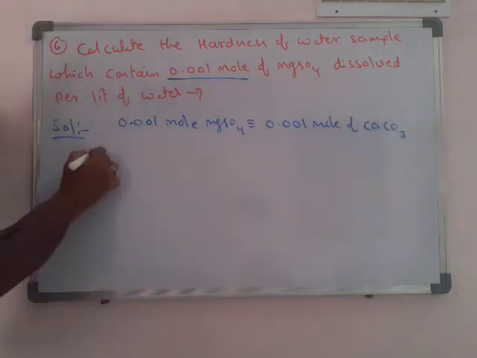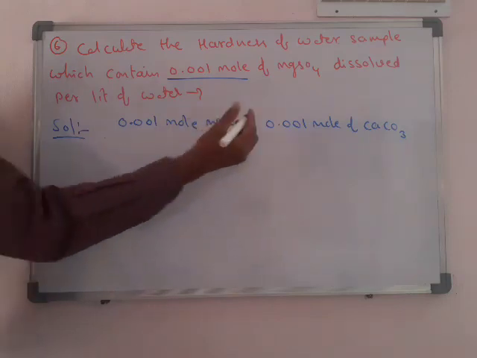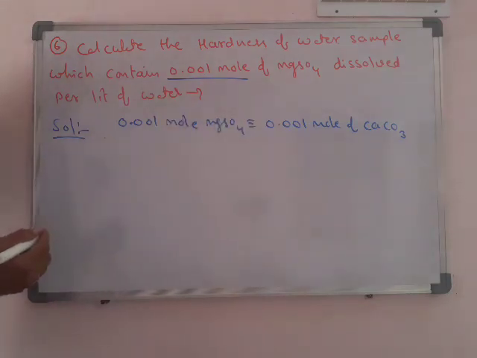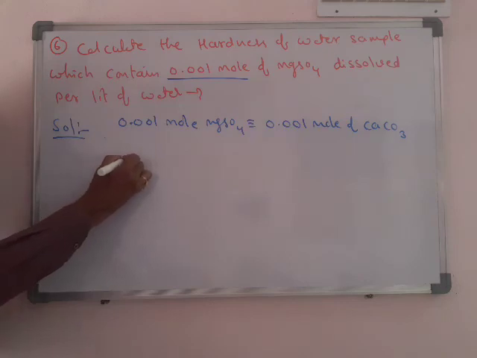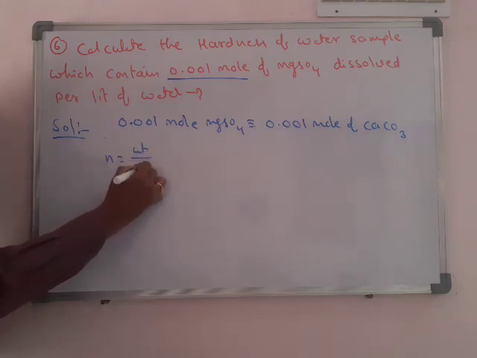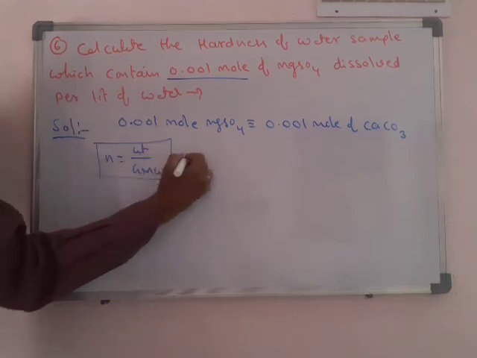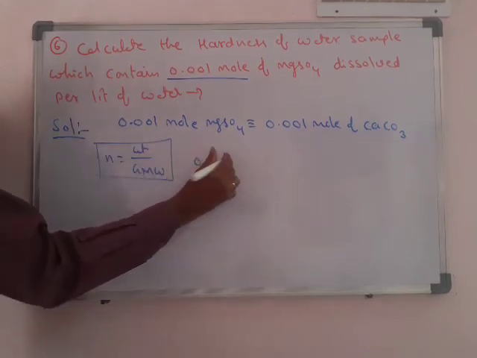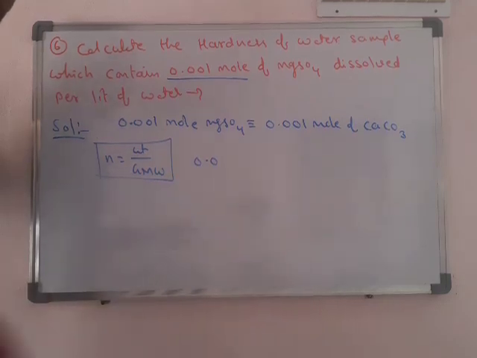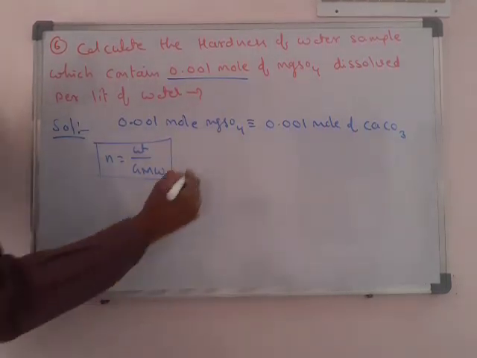So what is the weight of calcium carbonate? The number of moles equals weight by gram molecular weight. The number of moles is 0.001, so I have to find the weight. Then we compare the weight to 10⁶ grams.